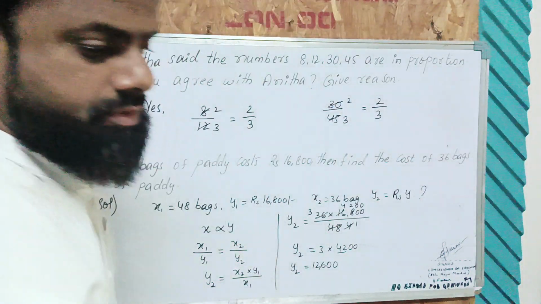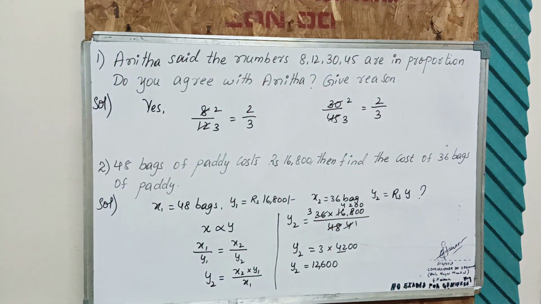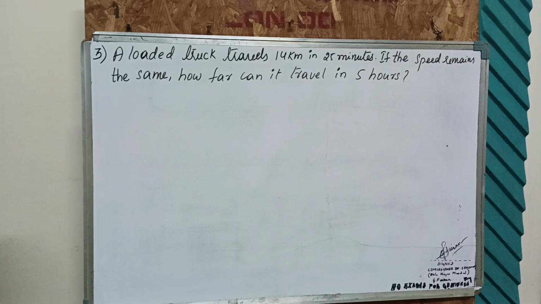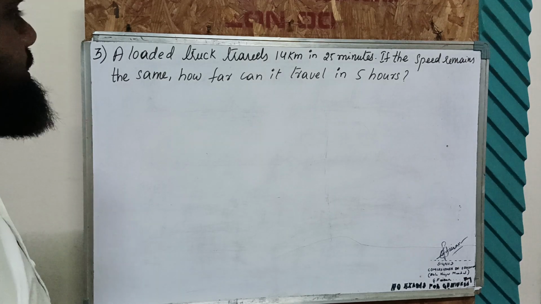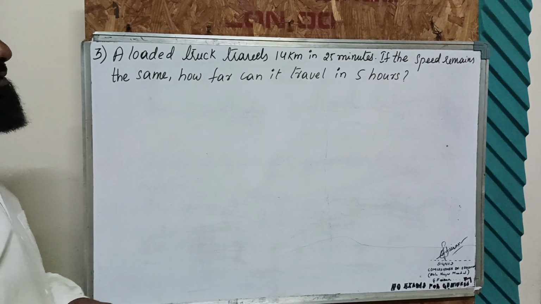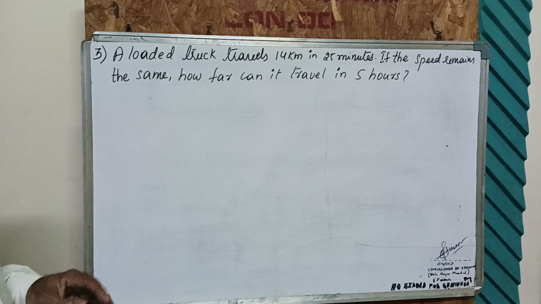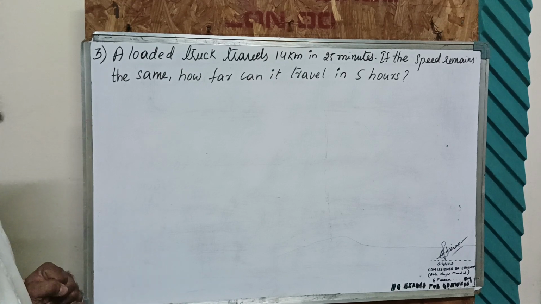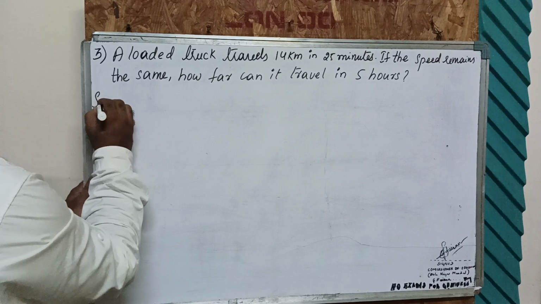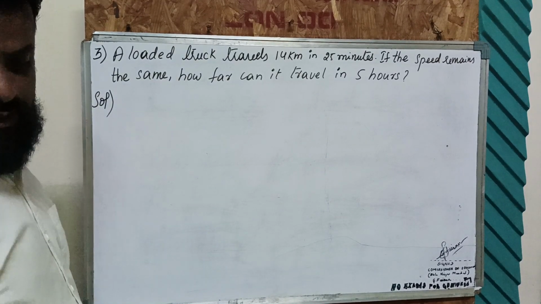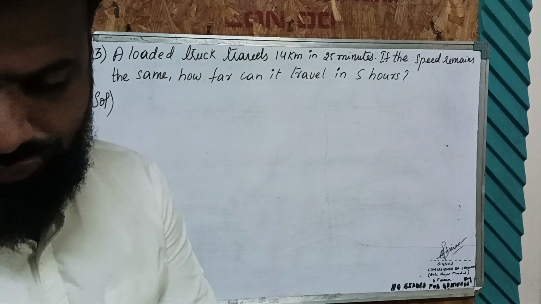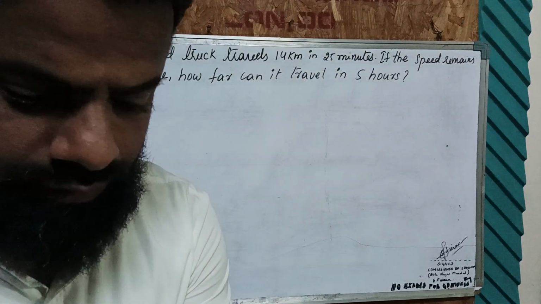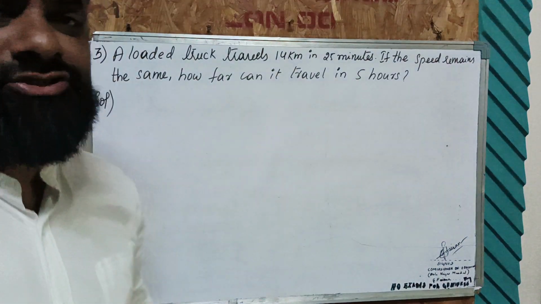Question number 3. A loaded truck travels 14 kilometers in 25 minutes. If the speed remains the same, how far can it travel in 5 hours? Same thing again. This part is also like this question. In this one also, it is of direct proportion.